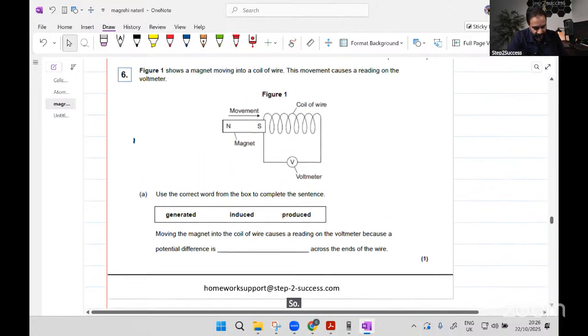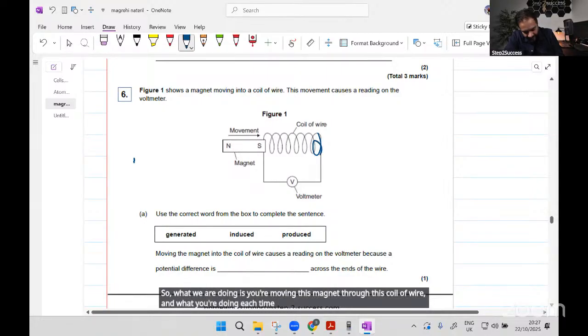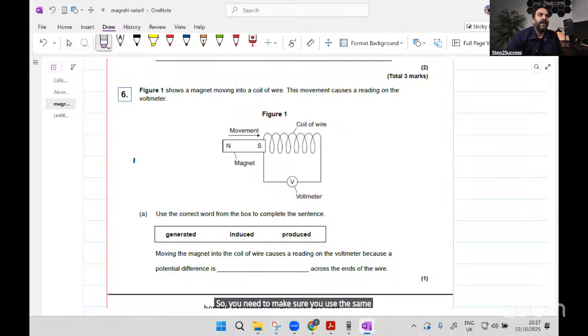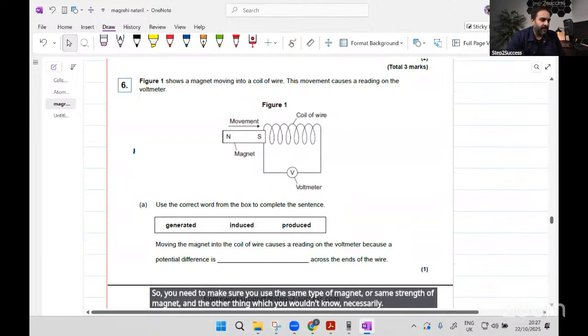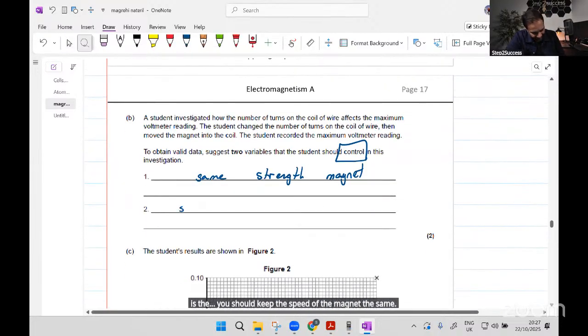So what you're doing is you're moving this magnet through this coil of wire, and what you're doing each time is adding more coils. So you need to make sure you use the same type of magnet or same strength of magnet. And the other thing, which you wouldn't know necessarily, is that you should keep the speed of the magnet the same when you're moving it, because the faster you move it, the more voltage you're going to get.